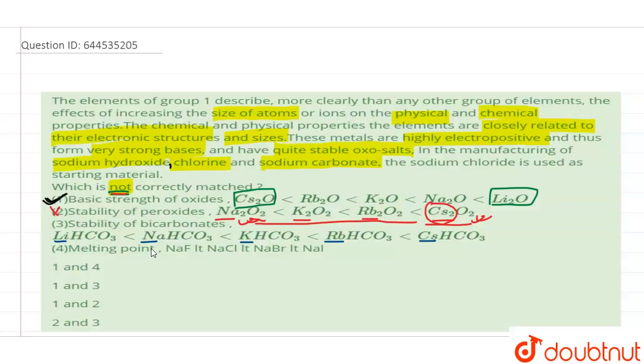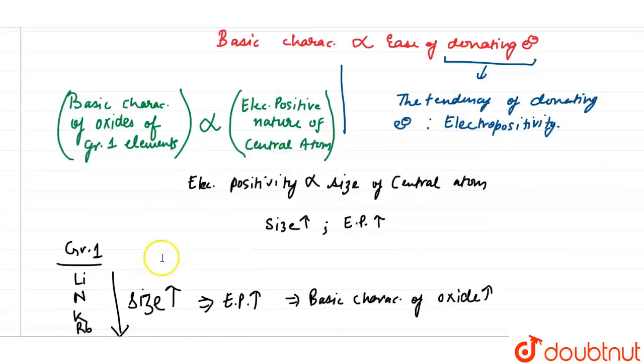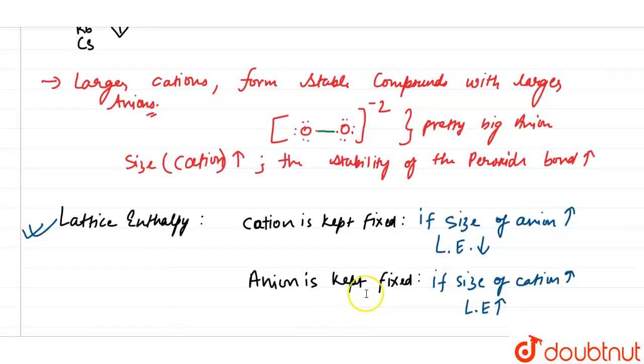Okay, so we have to check the thermal stability of bicarbonates. Whenever we talk about carbonates, bicarbonates, etc., we always talk about thermal stability. As we can see here, the anionic part, HCO3 minus, is fixed. So we will go to the point where anion is kept fixed.